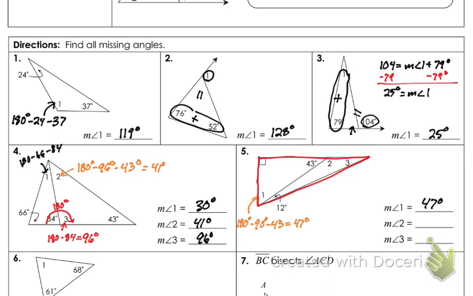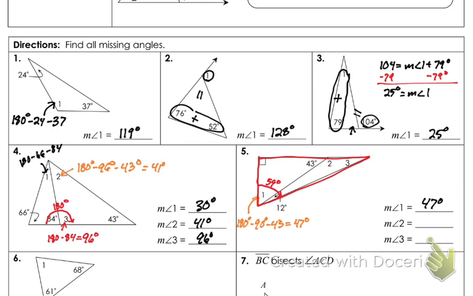So this whole angle right here is 12 plus 47, which would equal 59 degrees. Does that make sense here then? Okay, yeah. So I'm just saying we know this one, that's 59 degrees.